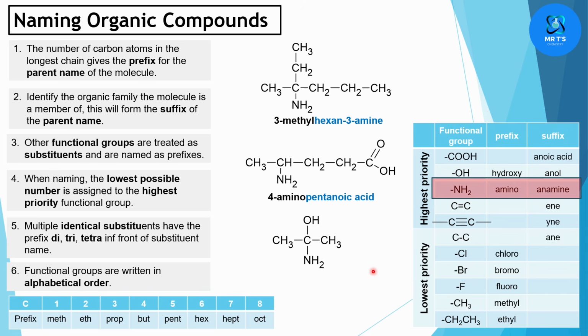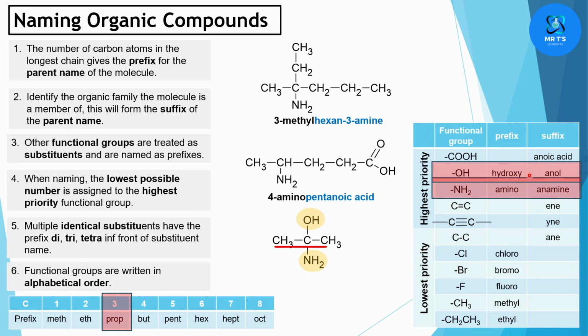The next molecule is this one here. When we look at this molecule, we can see that there are 3 carbons in a row and there are 2 functional groups again. So there is a prop, an OH functional group, and an amine functional group.